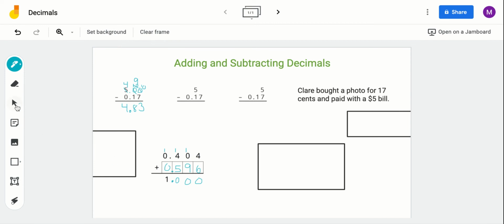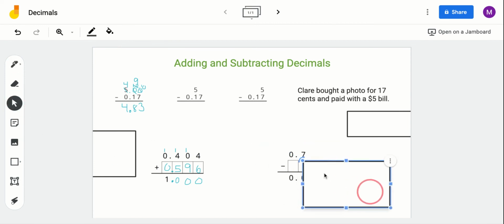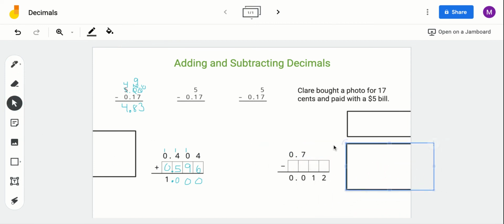So that was addition. We'll do the same thing with a subtraction problem. Subtraction can be a little bit trickier for people, but we do the same thing. We're going to go ahead and fill in those zeros there. It doesn't change the value of the 7 tenths. 700 thousandths is equal to 7 tenths, and now we can go ahead and decide.